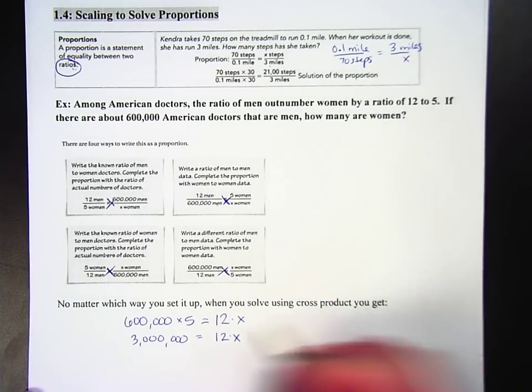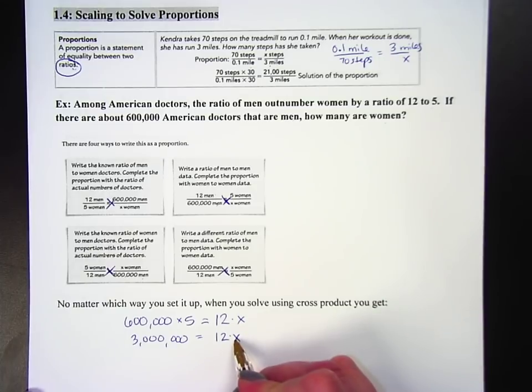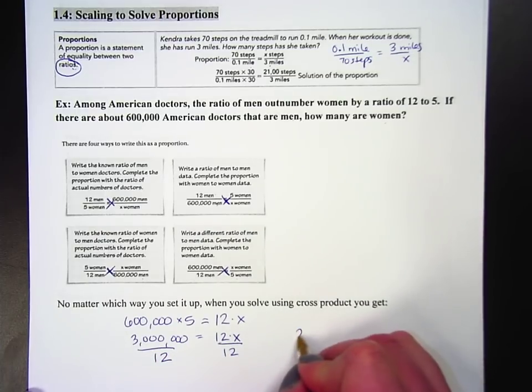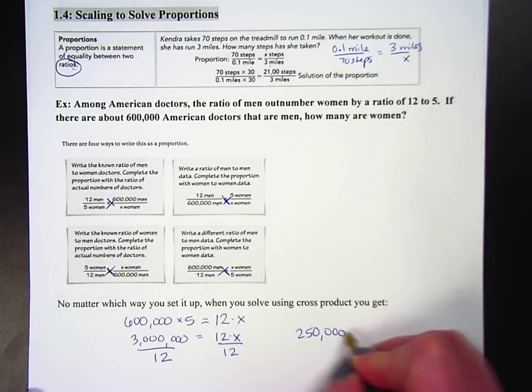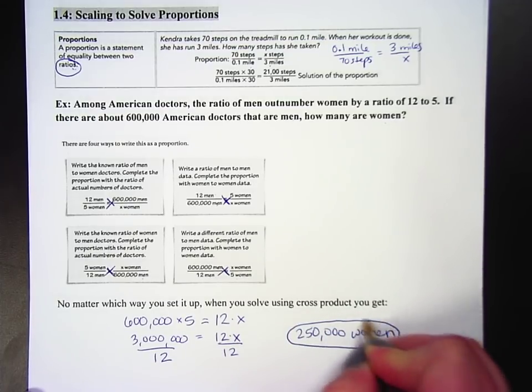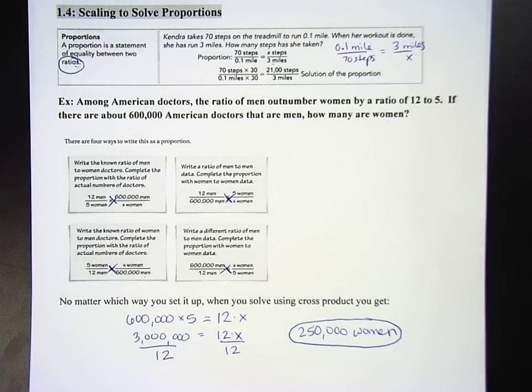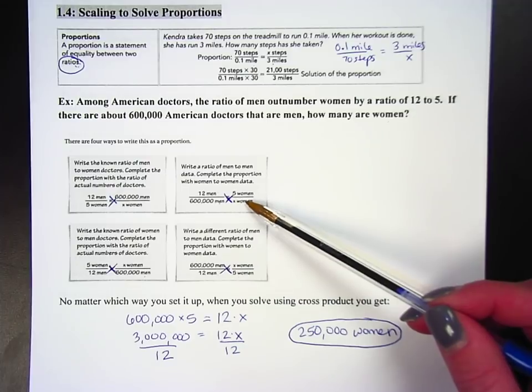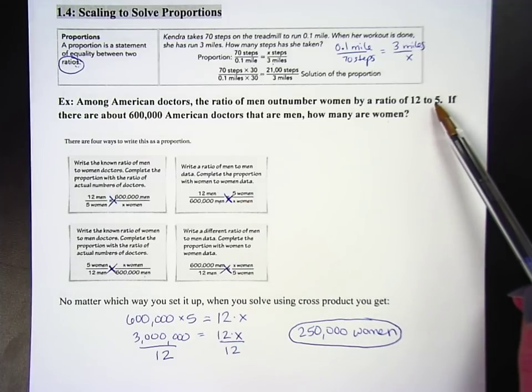And then to solve for x, we already know that 12 and x side by side is multiply, so to solve, we would divide by 12. Our answer is 250,000 women. I know that's very large, but that is a reasonable answer. The women were about half of the men, so half of 12 would be 6.